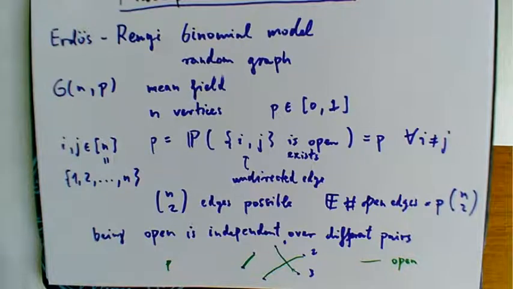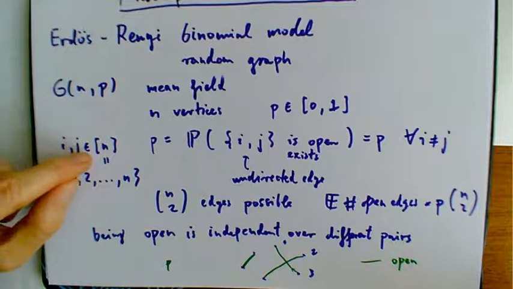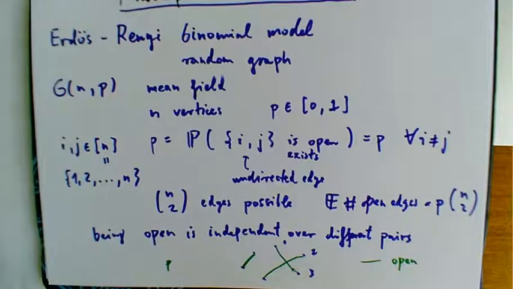Okay? And so this has existed since the 70s, maybe earlier. In a famous paper by Erdős and Rényi, they studied this model, the random graph, actually a different model. This is called the binomial model because it's already changed from the original one. Just for historical correctness, the Erdős-Rényi random graph was: you take n vertices and then one by one, uniformly at random, you pick a pair and add an edge between them.